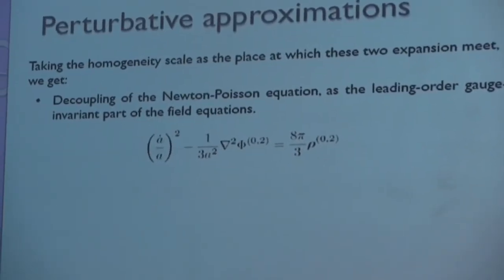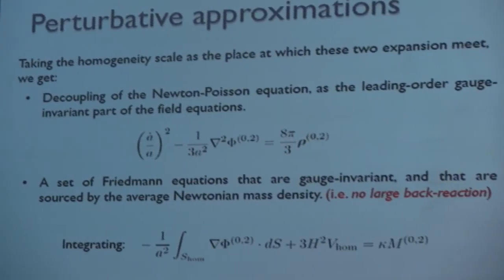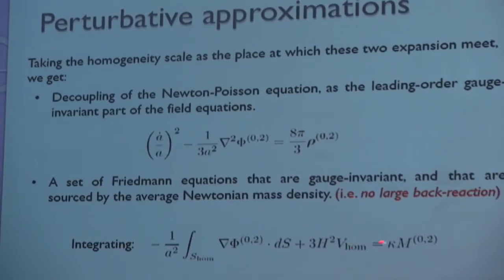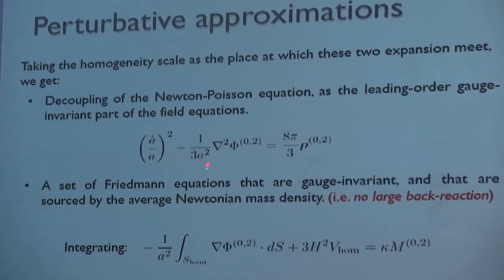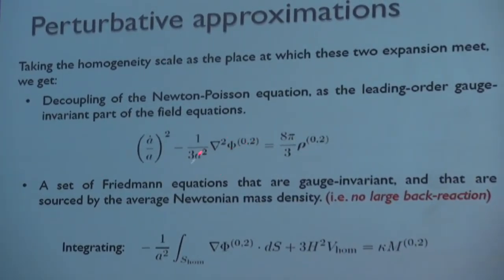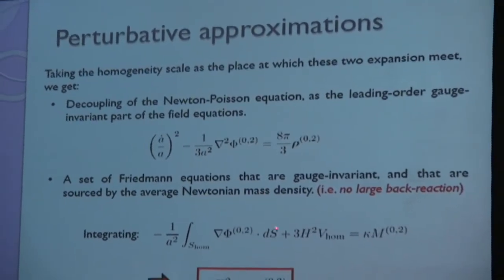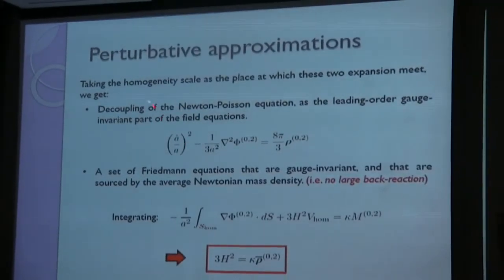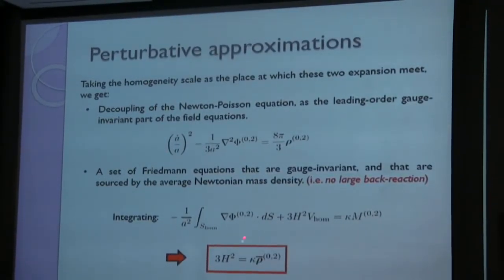This is what we get as the leading order part of one of the Einstein equations, which we can integrate over a region of space to get rid of the small-scale fluctuations, which are what these correspond to. And we ignore boundary terms like this, so the integrated derivative of a Newtonian gravitational field around some region of space at the scale of the homogeneity scale, then we recover the Friedmann equation.